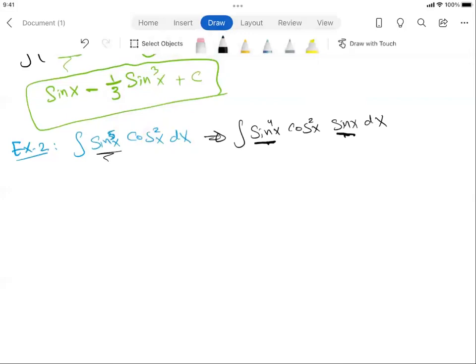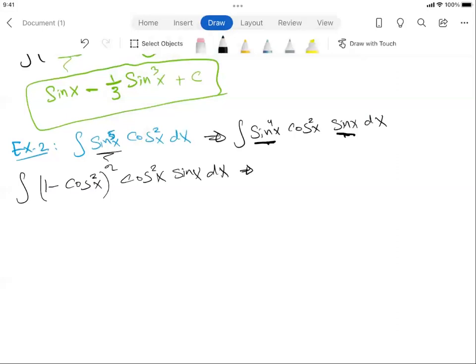Now I'll be using the same identity as in example 1. Then it will become 1 minus cosine square of x. This is basically equal to sine square of x. But I have sine to the power 4, so this becomes squared. And I have cosine square of x and sine of x dx.